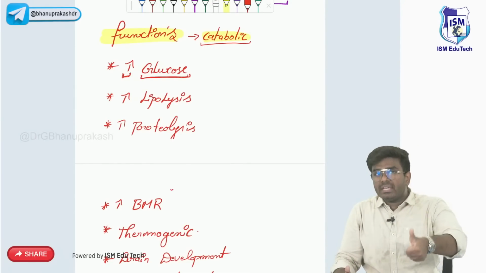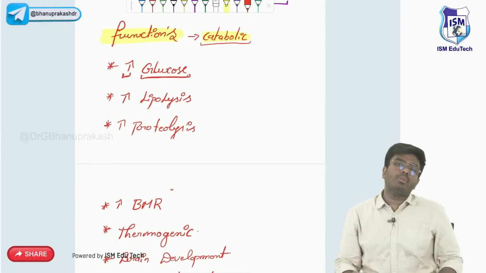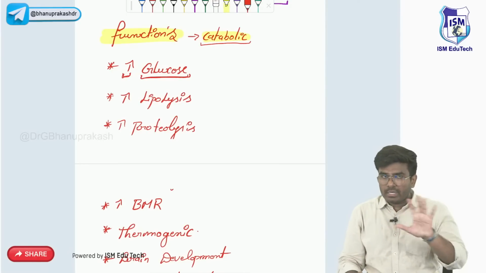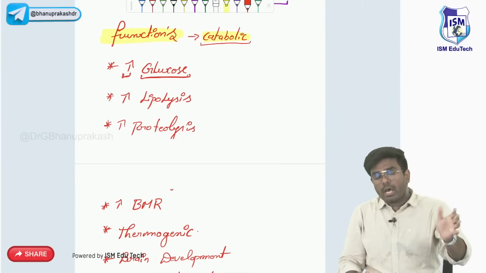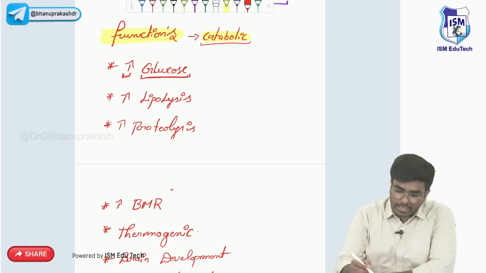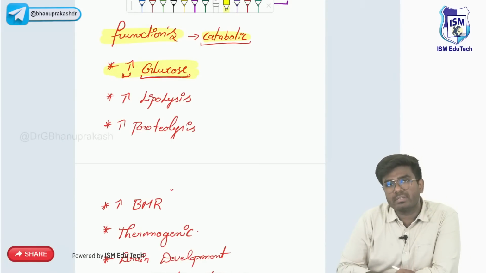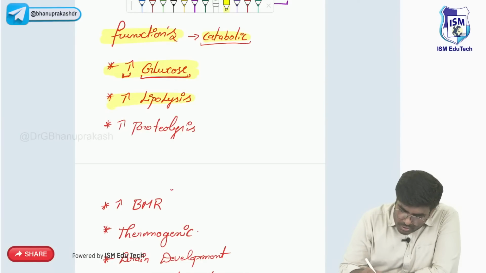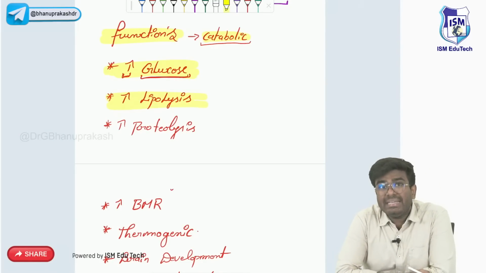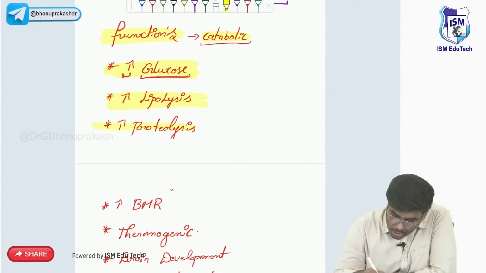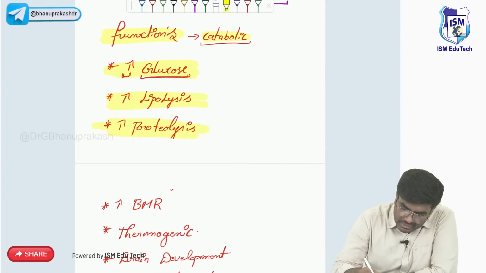Catecholamines, norepinephrine increase the blood glucose levels. All these hormones increase the blood glucose levels, guys. Not only glucagon, other hormones will also increase the blood glucose levels. Right now we are discussing about the thyroid hormone. The thyroid hormone also increases the blood glucose levels. By acting on the adipose tissue, it causes lipolysis, increase the lipolysis. Thyroid hormones break down the fats, true. Thyroid hormones also break down the proteins. It breaks down everything.